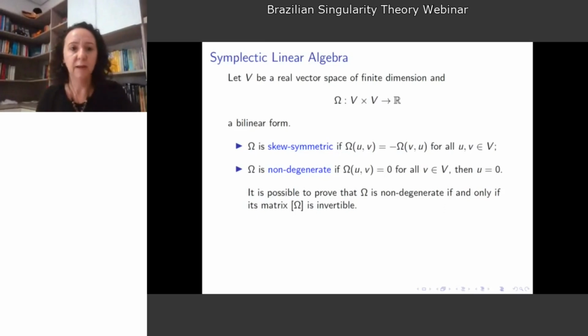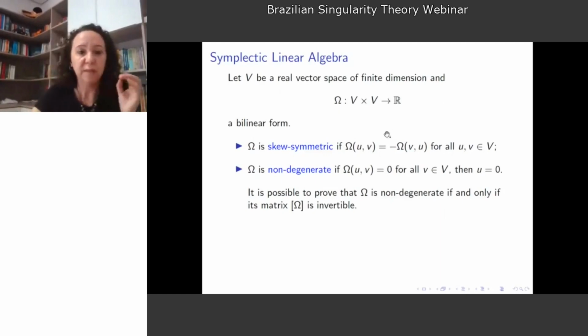In the context of linear algebra, we need to consider V, a real vector space of finite dimension, and omega, a bilinear form. To define a symplectic vector space, we consider bilinear forms with two properties.